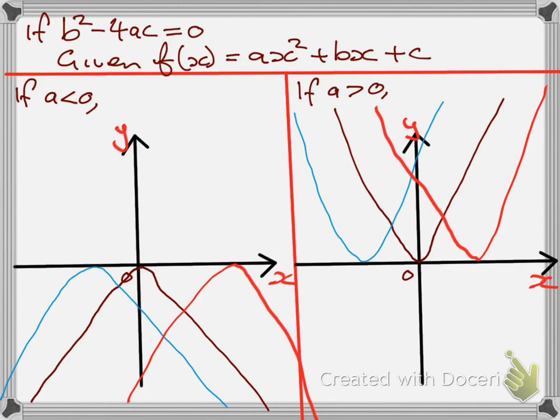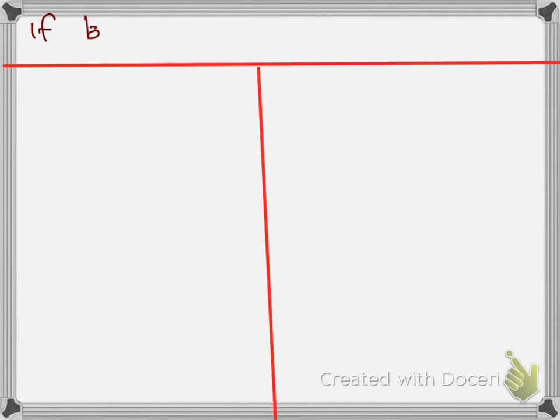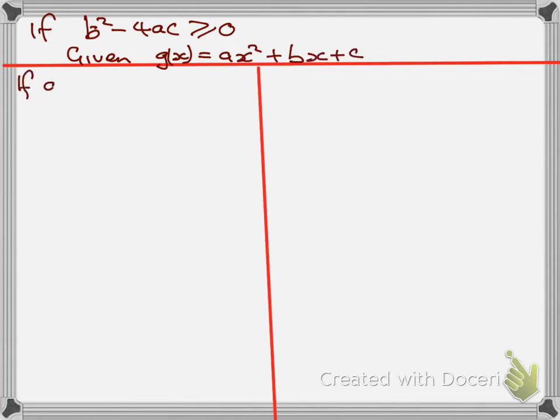Okay, moving on, let's look at another scenario, when the determinant is greater than or equal to 0. In this case, we are not bothered about whether it is a perfect square or not, because in both cases we end up in the same situation.